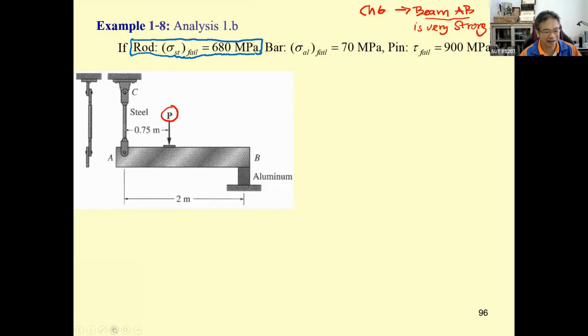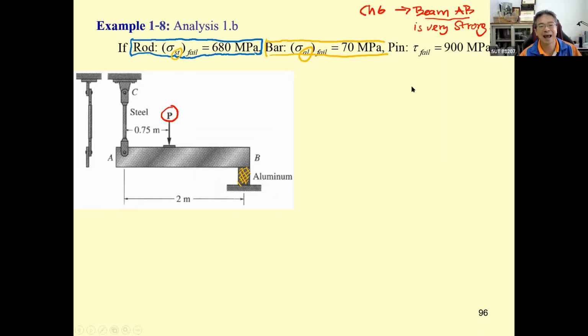Then we have the block or the bar that supports over here, which is made of aluminum. The symbol over here indicates the material. This mark means aluminum, and ST over here indicates this one is made of steel.